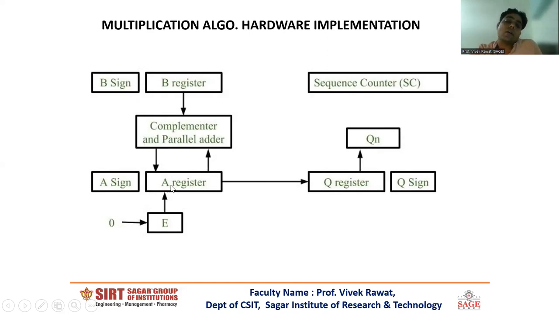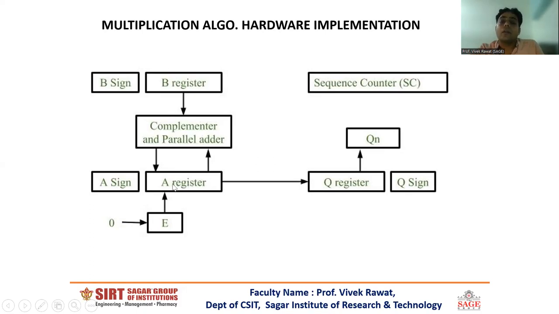The A register is called the accumulator register. We all know that in any calculation in the ALU, the process works only in the accumulator. Suppose we want to add two numbers, one number saved in the B register, one number saved in the Q register, but the whole process will work in the A register.